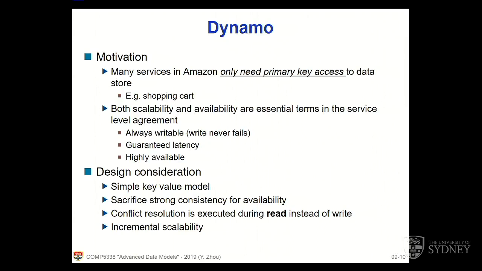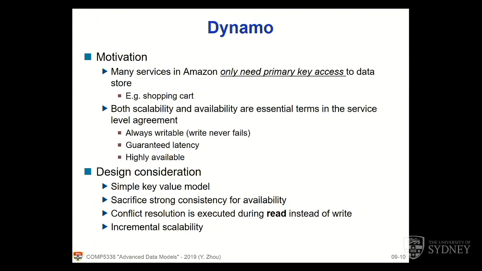So they want to give the user the guarantee that whatever they want to do, like an update, it's always received by Amazon and put somewhere. And they also want to have guaranteed latency and be highly available. That's similar to this always write, but more related to read as well. So it's always writable. That implicitly suggests it's highly available, right? They also want the read to be available as well.